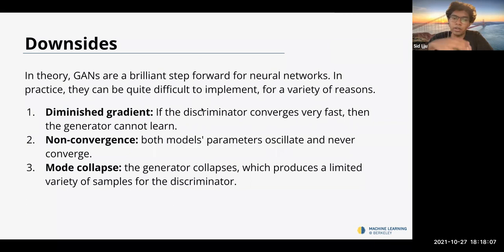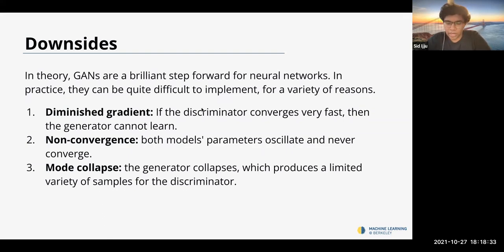So both models aren't able to converge, because you want both of them to converge, but you also don't want them to converge at very different rates. As I just mentioned before, if the discriminator converges very fast, then the generator cannot learn. So you want them to both converge at an equal rate, which is why non-convergence can also be a problem.